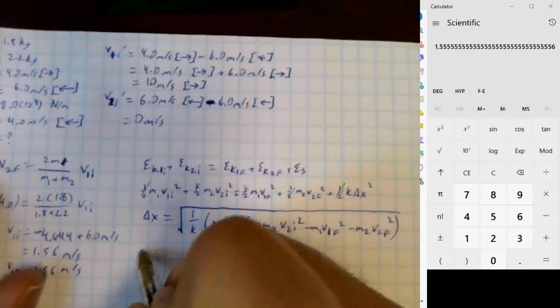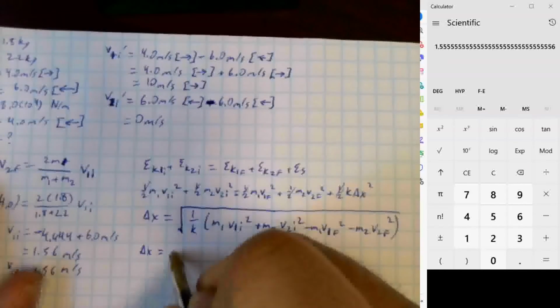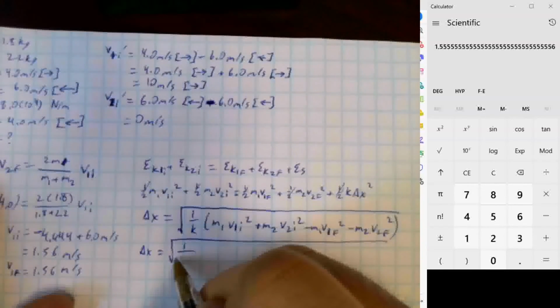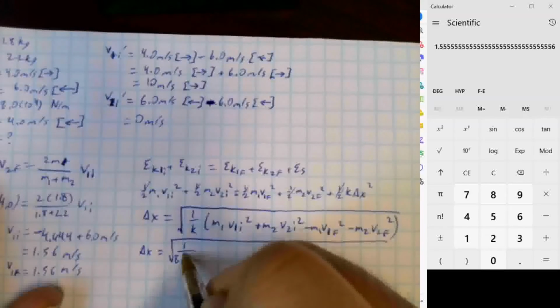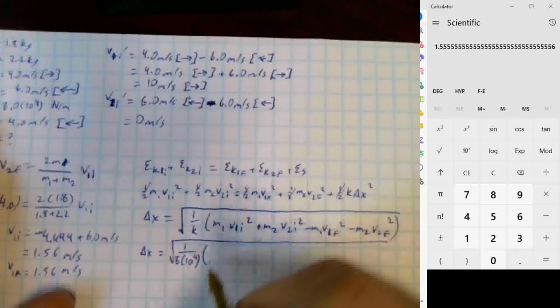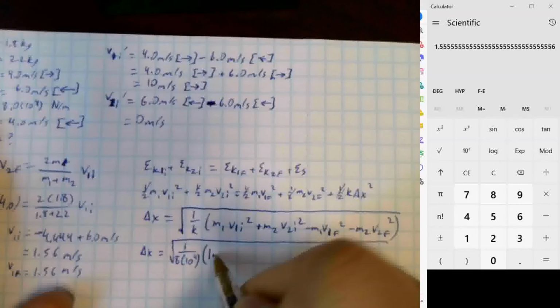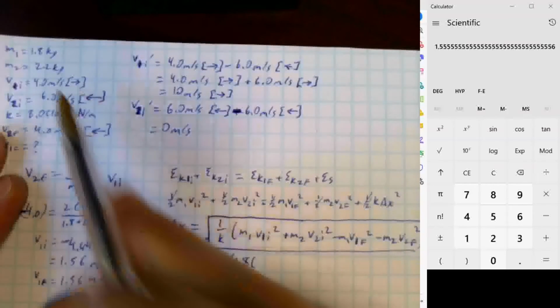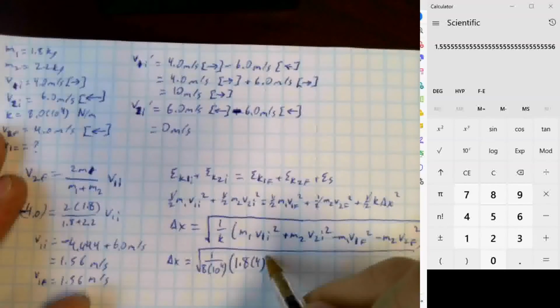So now I can substitute my values in here. My 1 over K is 8 times 10 to the power of 4. My M1 is 1.8. My V1, I have to use this V1 here, which is 4 squared. Then I have 2.2 times V2.